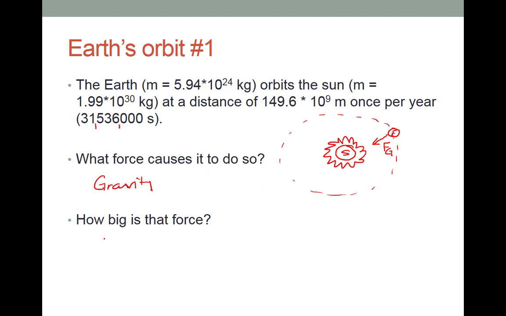And we can find how big that force is by knowing the parameters that go into it moving in a circle at constant speed, or approximately in a circle at approximately constant speed. Okay, so the next question is, how big is that force? So the first thing I'm going to do is just rewrite our numbers. The distance from the Earth to the Sun we were given on the last slide is 149.6 times 10 to the 9th meters.